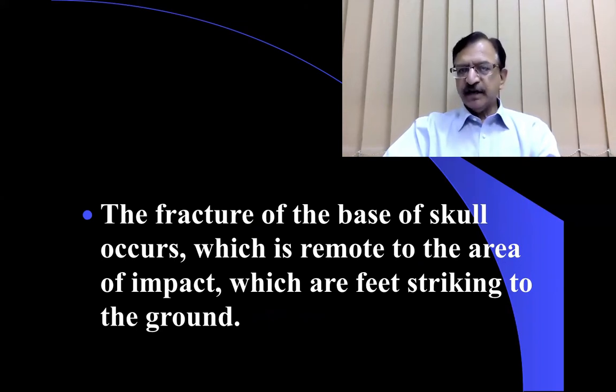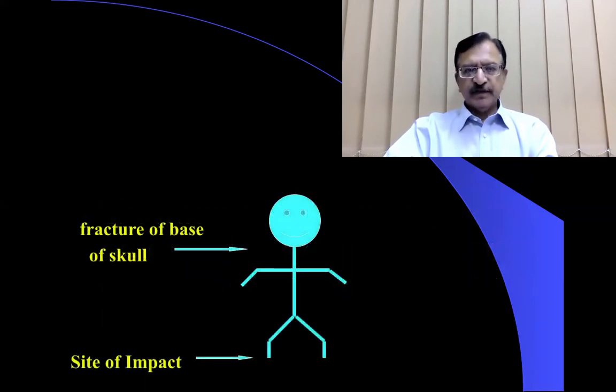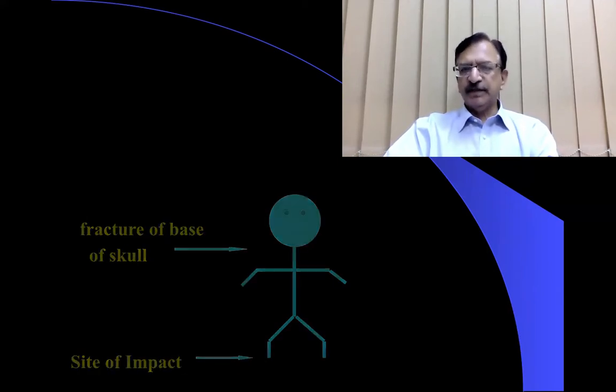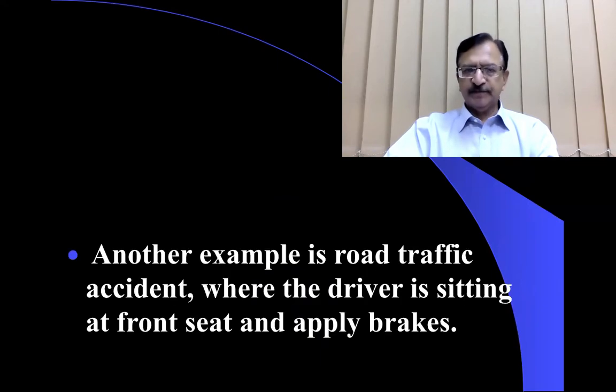The feet are the impact area striking the ground, but the damage is occurring at the base of the skull. This is a diagrammatic representation. The person is jumping, the feet are striking, which are the point of contact, but the fracture is at the base of the skull, as the energy is dissipated through the vertebral column.